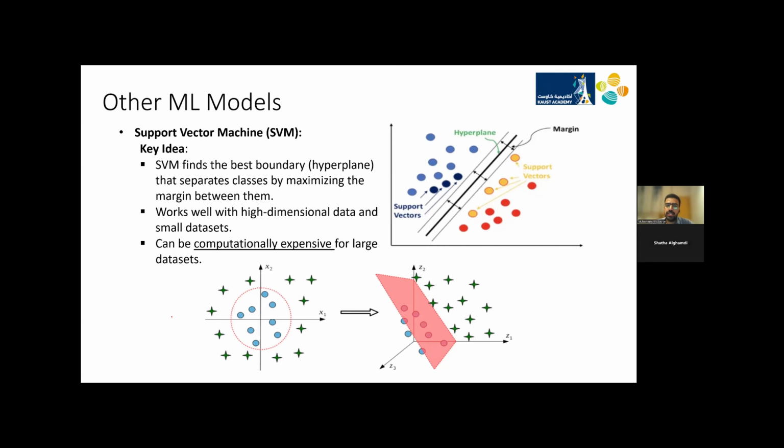In support vector machines, we try to find a boundary such that it maximally separates the two classes. Okay, so we are actually trying to maximize the margin here.